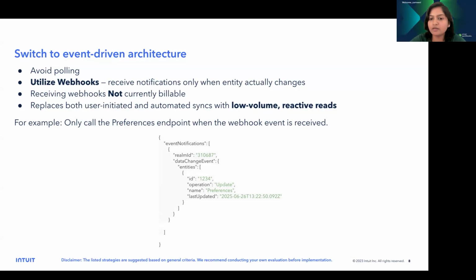Right now, webhooks is not billable, as in you can enable the webhooks and receive the events, and they are not charged. So switch to an event driven architecture and then decide how you can manage that along with polling, or maybe avoid polling altogether. It obviously depends on your application, but we definitely recommend implementing webhooks for all entities that are available.